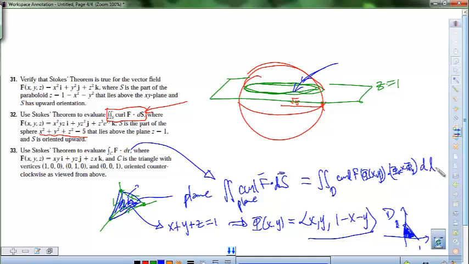And then the surface integral, after you do this, is going to become just a dA for the double integral. Alright, so verifying Stokes' theorem just tells you to relate your curl with your line integral and make sure that they're equal. In a test situation, I probably won't ask you to verify, but you'll probably be doing one of these two.